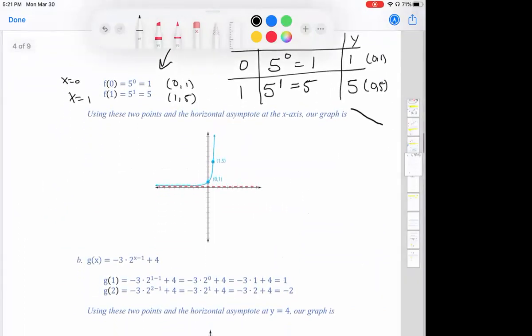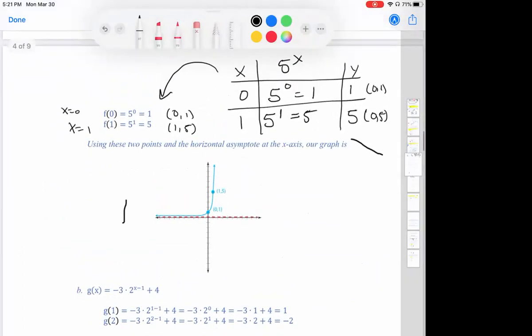Okay, now let's do one more, just so you can see what your author was trying to warn you of. So what if you do 2? 5 squared. Well, 5 times 5 is 25. So that means I have the point (2, 25). Isn't that a point that might be just a bit too big to plot?